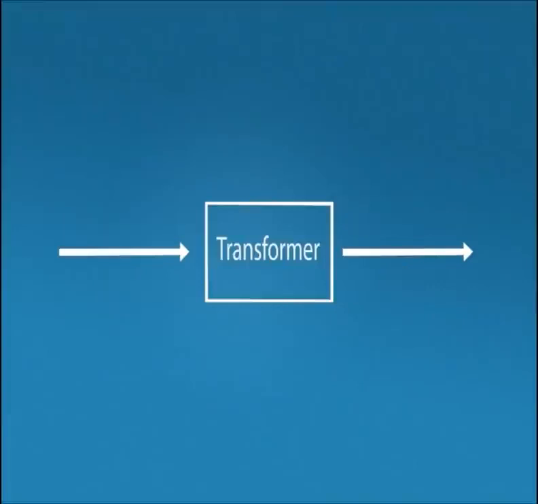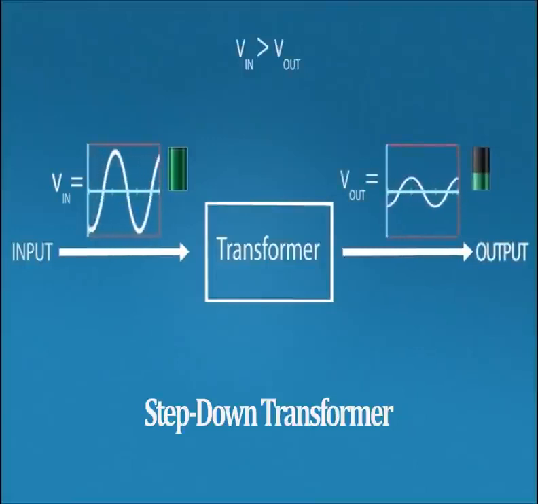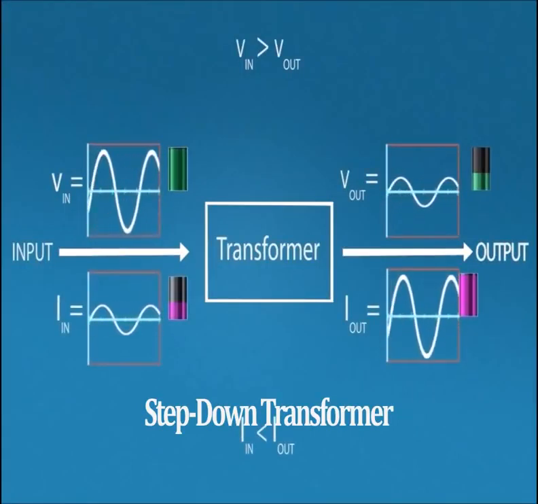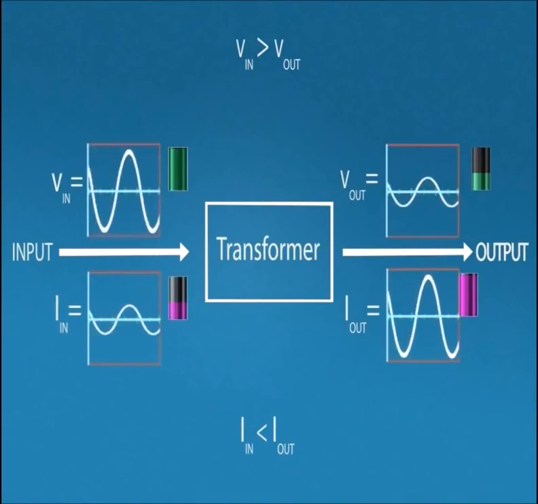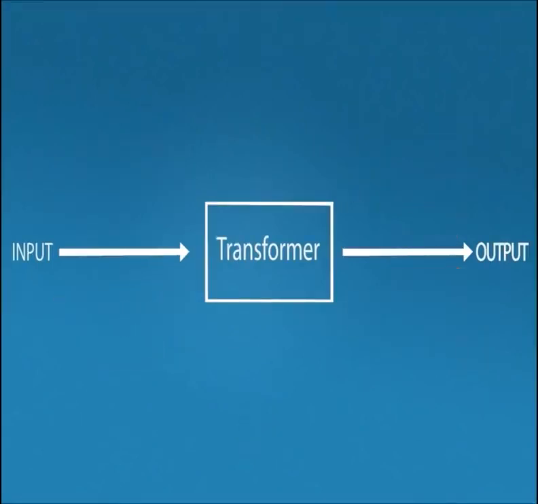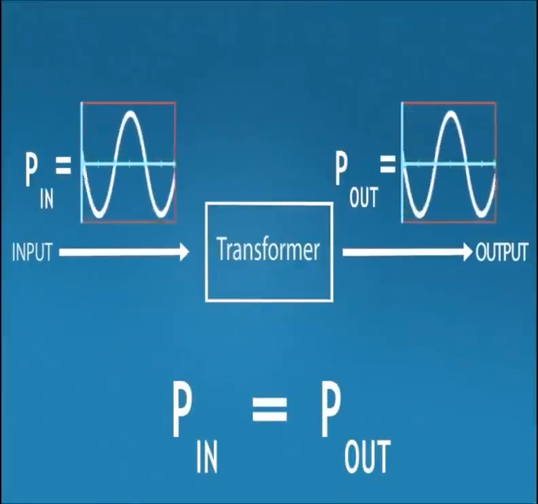For example, in the case of a step-down transformer, the input high voltage is transformed to a low voltage, whereas the magnitude of current increases because input and output power has to remain the same.